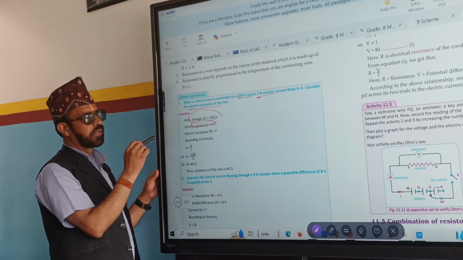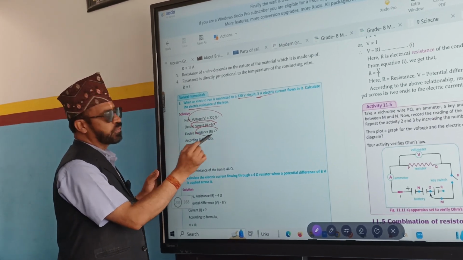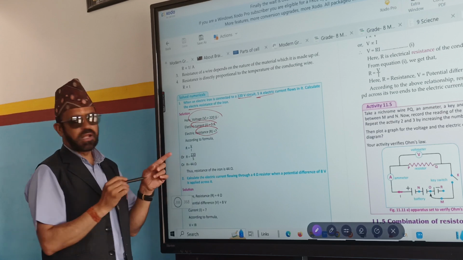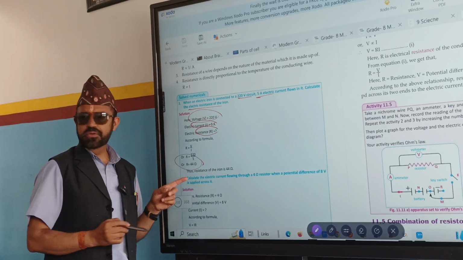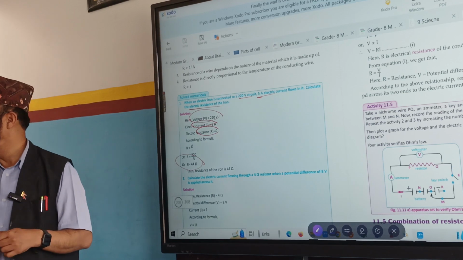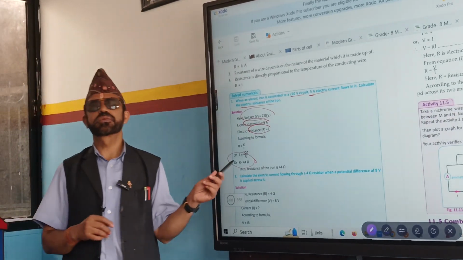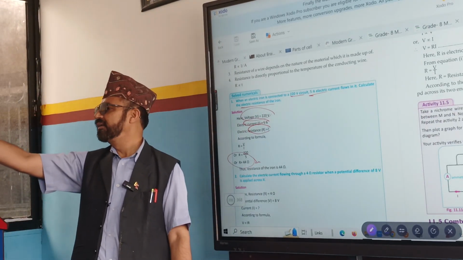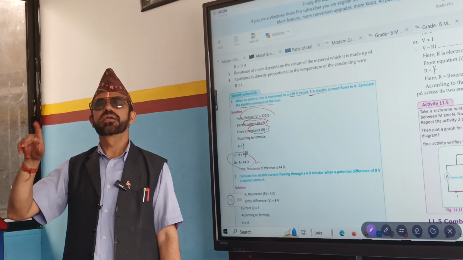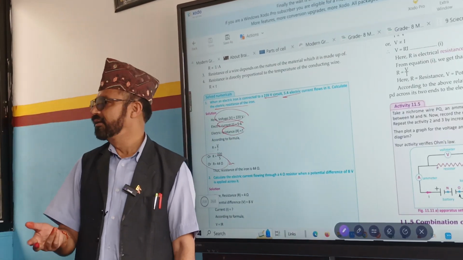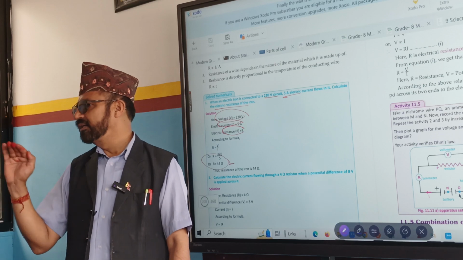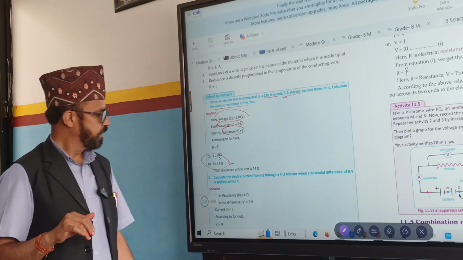Current 5 ampere, and electric resistance we need to calculate. What is the formula of R? V by I, and it comes 44 ohm, right? This formula must be remembered. What is the formula? V equals IR, or R equals V by I, or I equals V by R. The formula must be stated in mind.